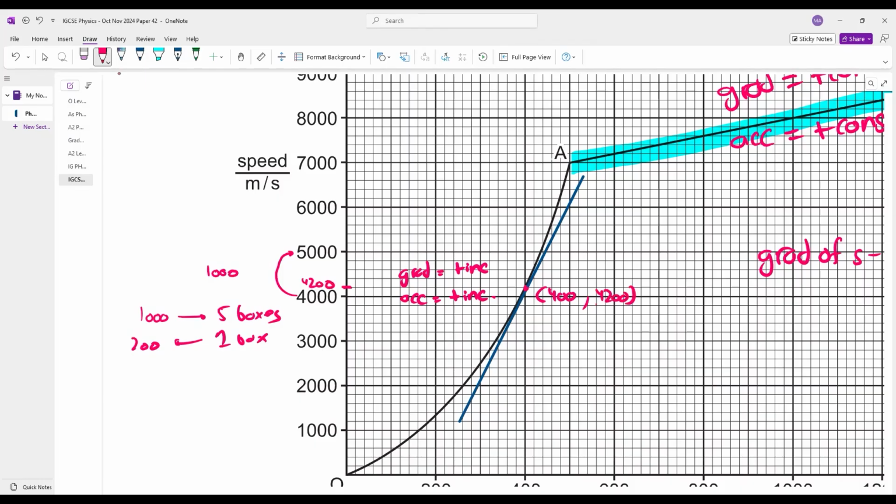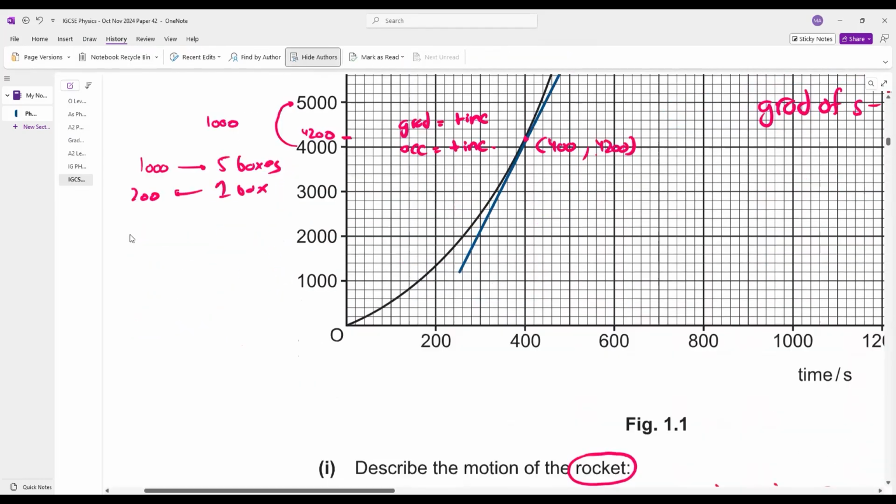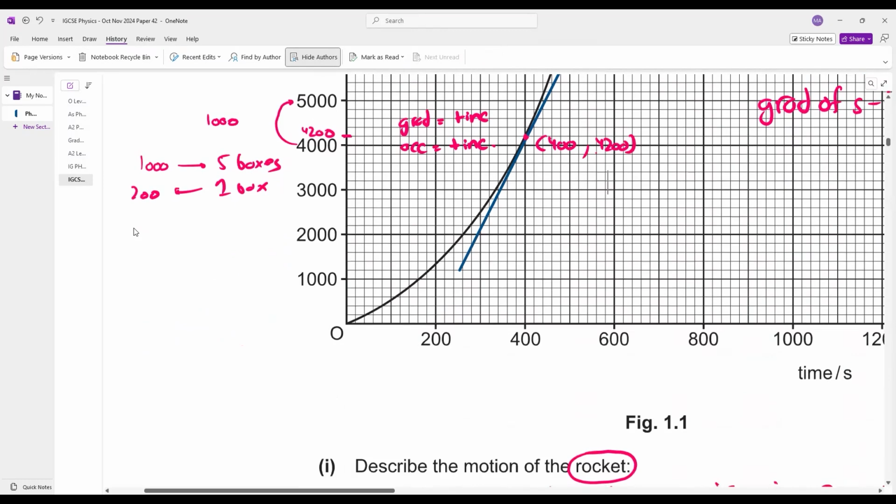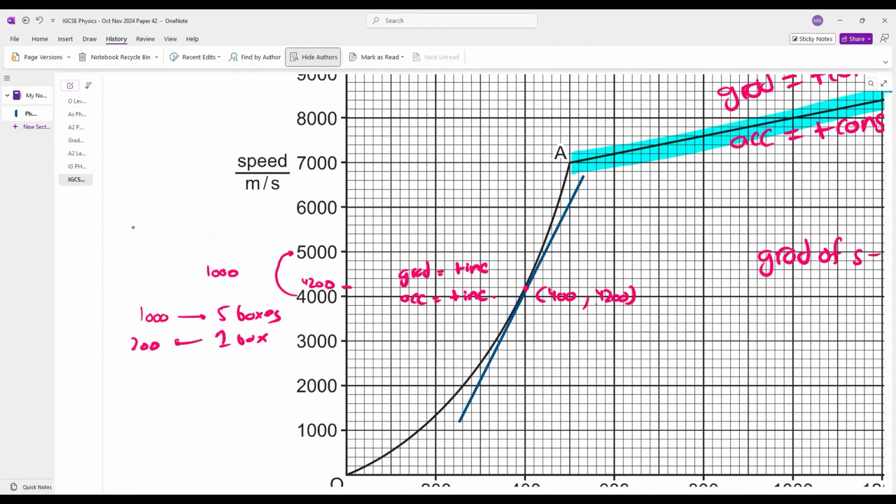What will be your second point? Which point can be your second point? Which is an accurate point that we can take? Maybe we can take this point. Yeah, we can take this one. On the y-axis, this is 6,400.